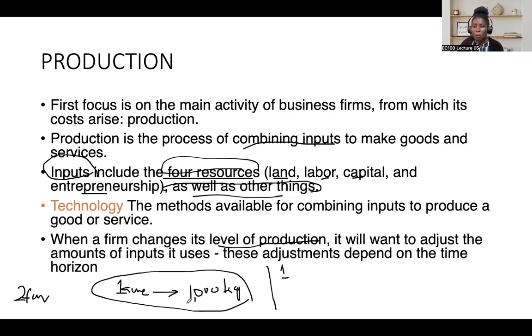Every time you harvest, maybe every 6 months or maybe every year, you get 1,000 kilograms. So after 1 year, it depends, okay?